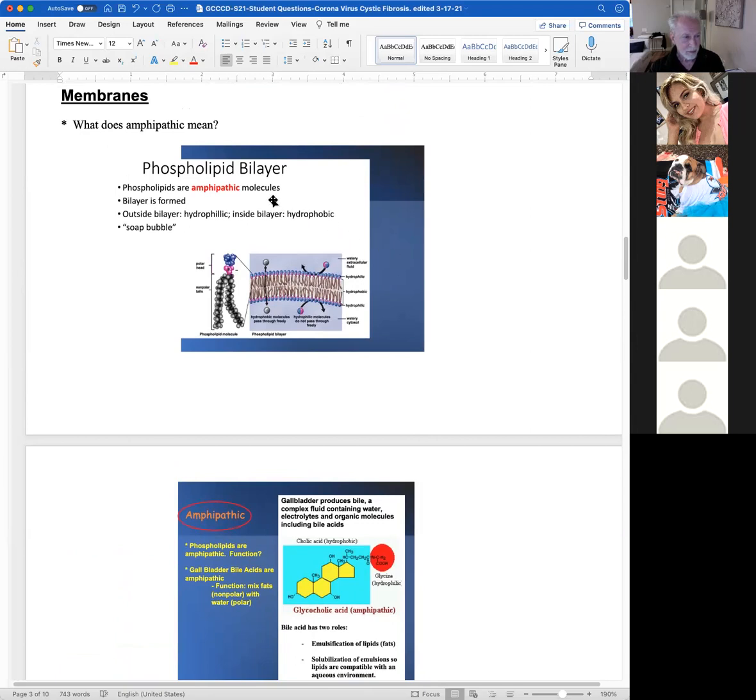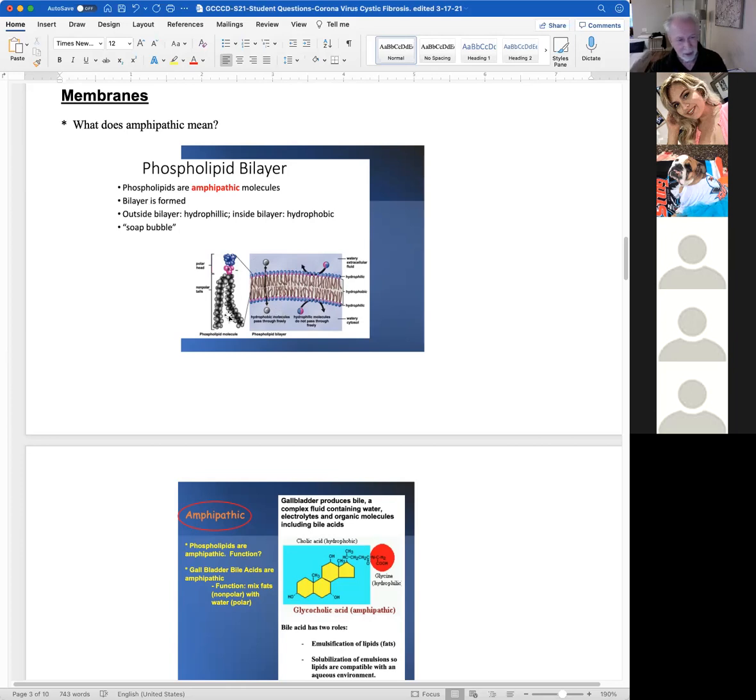In the case of a phospholipid bilayer, the phospholipid you see here on the left is a long chain hydrocarbon tail, which is nonpolar, and a polar head, which involves a phosphate group and another group. So the polar head is compatible with water on both sides of the membrane.